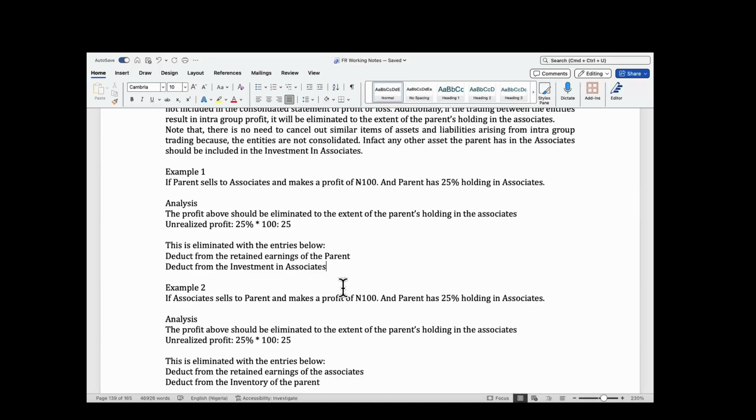We did something like that. The same way. Just that after you have finally determined the profit load, what you eliminate is to the extent of your holding in the associate. That is what you eliminate, to the extent of your holding. But the unrealized profits, the intragroup profits, relate to the unsold stock.